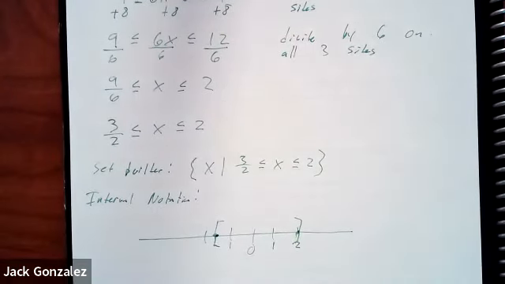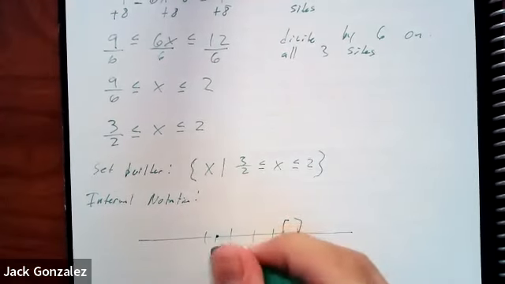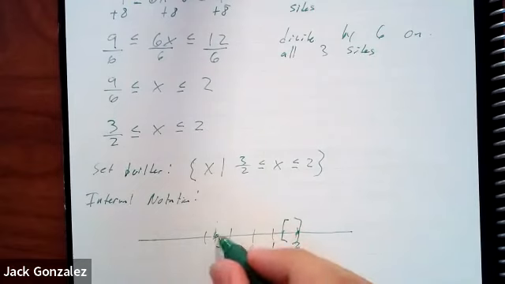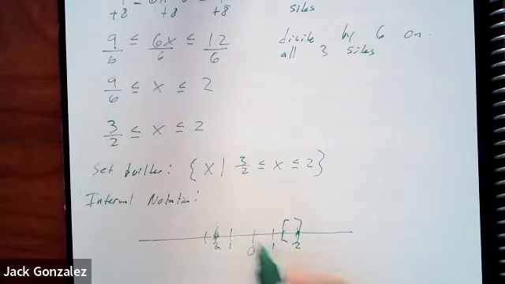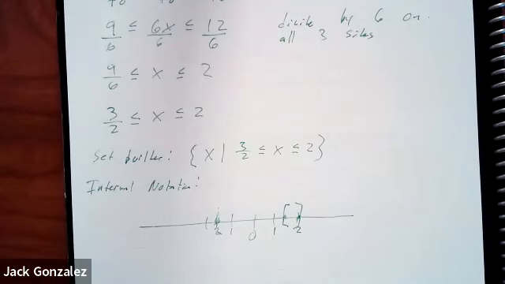I concur with the picture. So if we're between 3/2 and 2, 3/2 is 1.5, right?